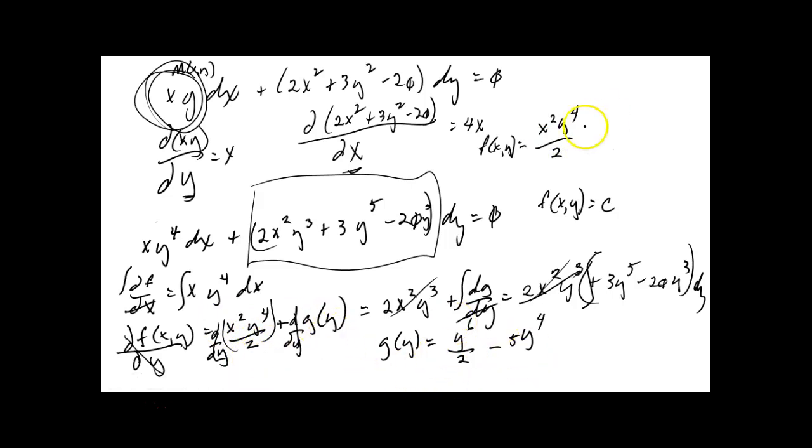But here's our g of y: plus y to the 6th over 2 minus 5y to the 4th. That's your f of xy. It's just that we now found what g of y is, put that in its place, and then once we have that, we set it equal to some constant c.